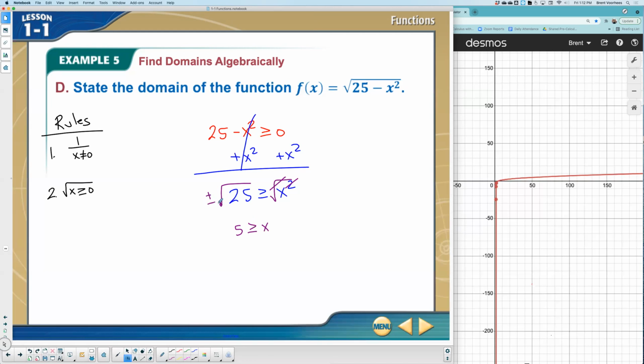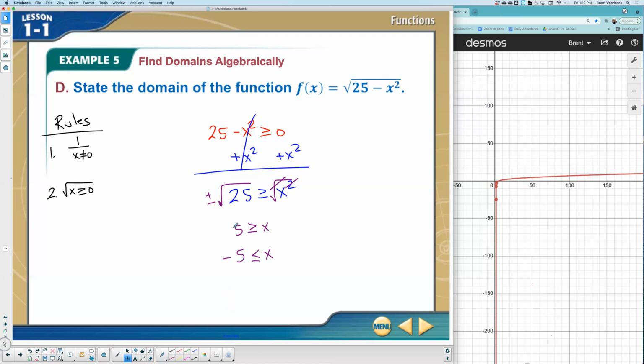But when you add in a negative that wasn't there, you have to change the direction of the inequality. Y'all remember that rule? Okay, so for my second answer, negative 5, I have to say that is less than or equal to x.